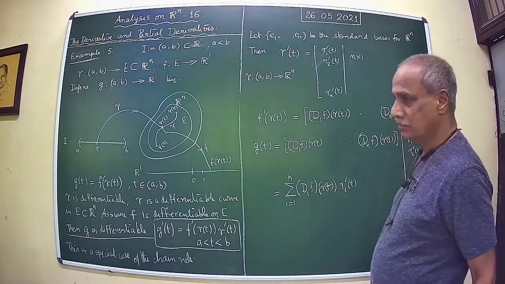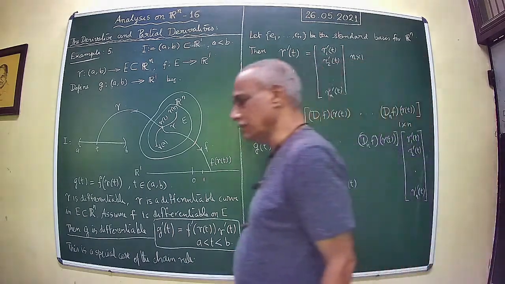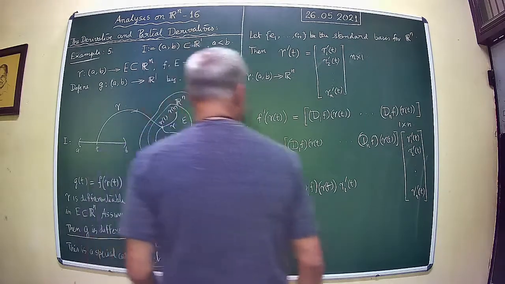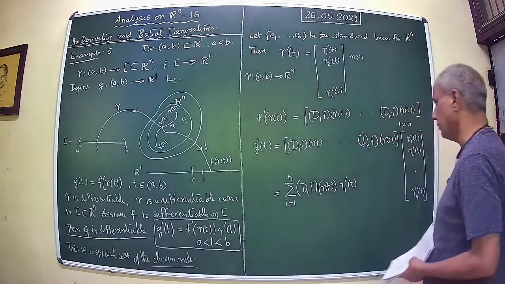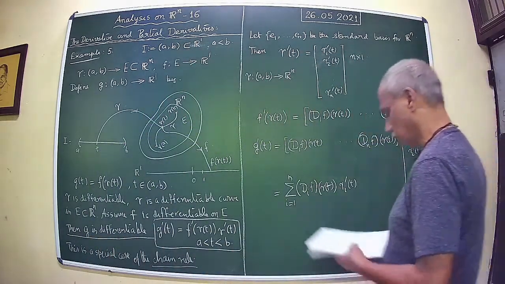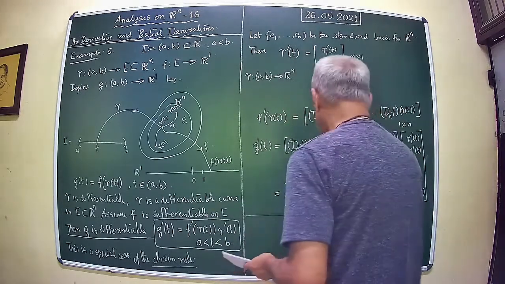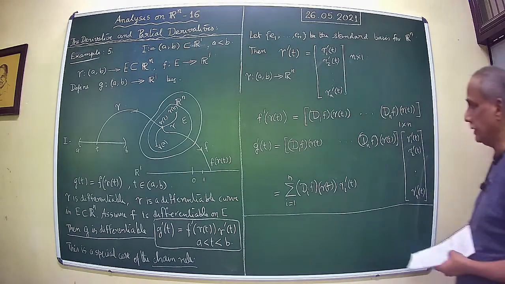So this is the usual function of function rule, or the chain rule, that we have used. So this is g derivative of t. Now let us keep this in our mind.